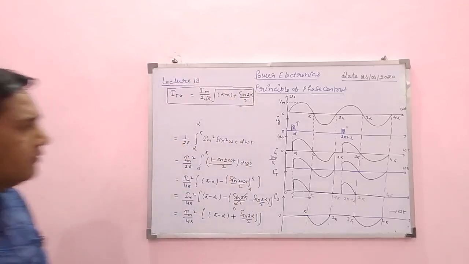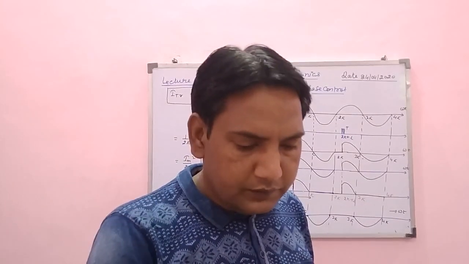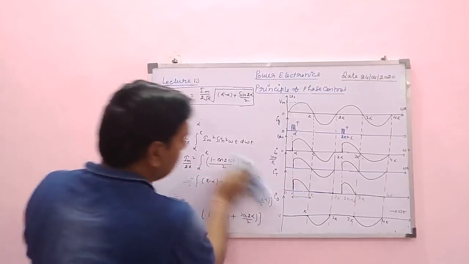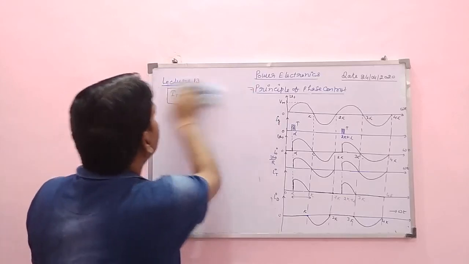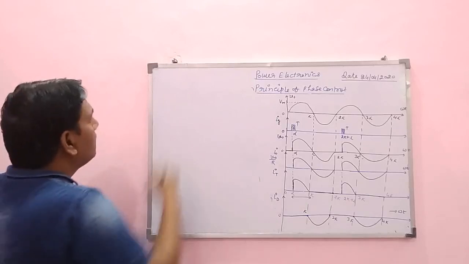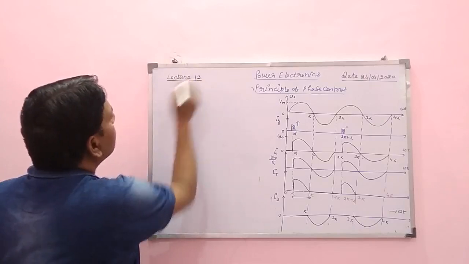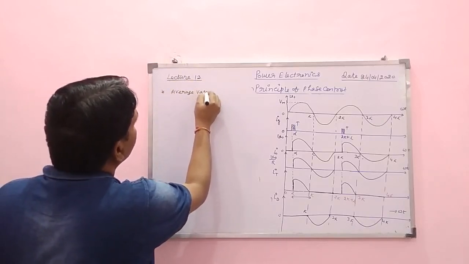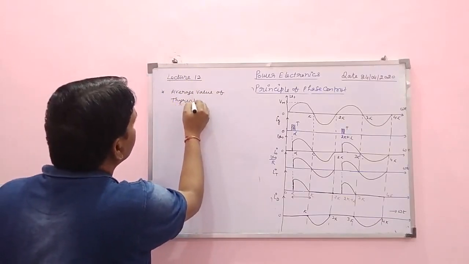Similarly, we can obtain the average value of the thyristor current. We have to calculate the average value of the thyristor current.